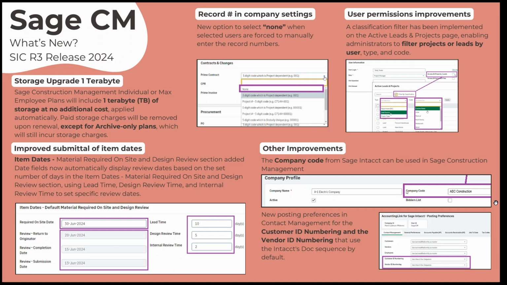And the new posting preferences in contact management for customer ID and the vendor ID numbering that use the Intacct doc sequence by default. And that is just some of the new things of Sage CM for the SICK release.